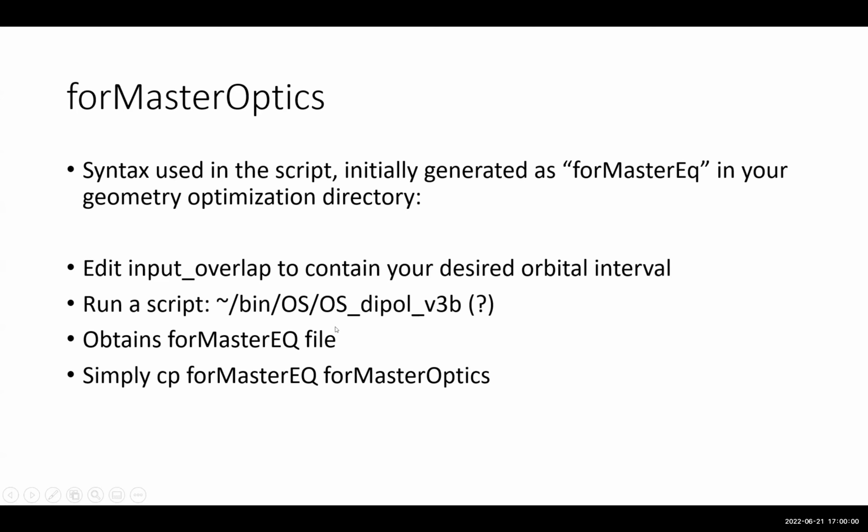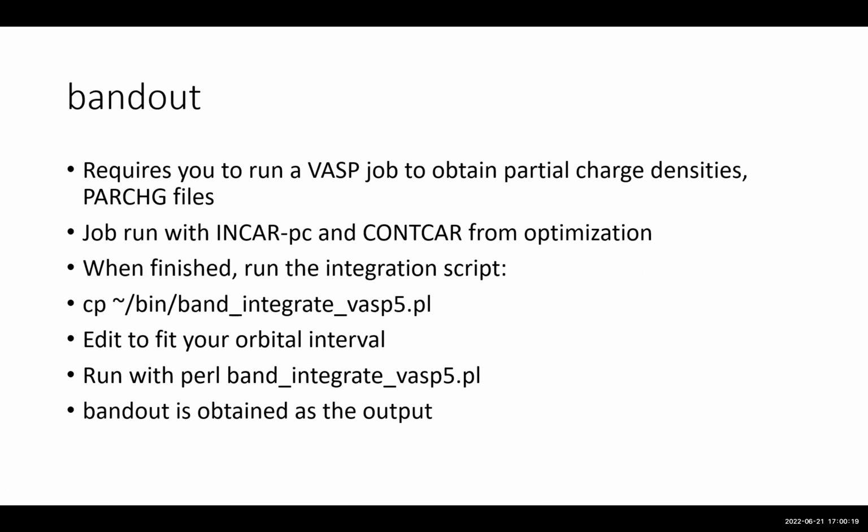When I ran it, it did not generate working files. So this may be incorrect, or I did something incorrect along the way. But this obtains your for master equation file, which can simply be changed or copied to for master optics. Band out just requires you to run another FOSP job to obtain those partial charge densities. That's a pretty quick job typically. It's going to use this in-car PC and your concar from your optimization.